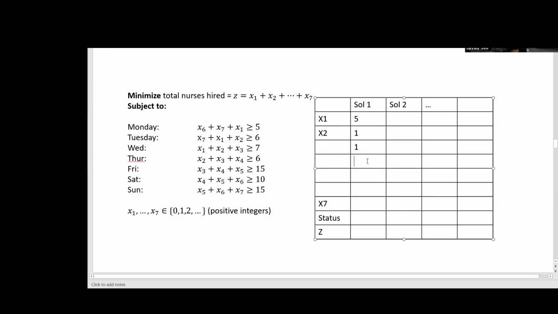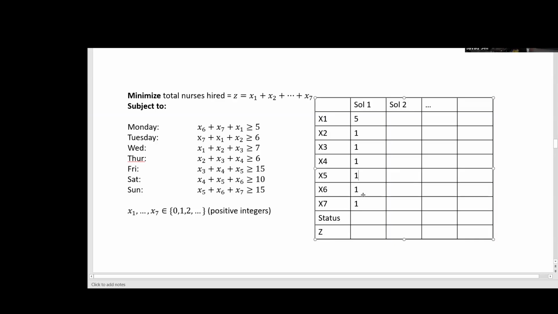Let's say I go by this. This checks for the first constraint. Is this feasible? I checked the last constraint, 1, 1, 1, not feasible.